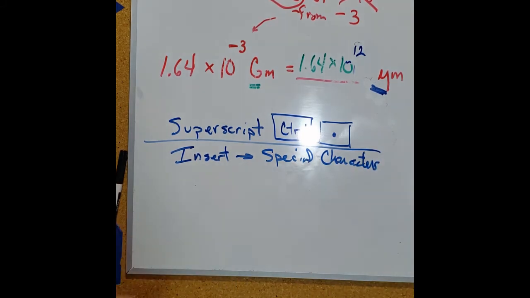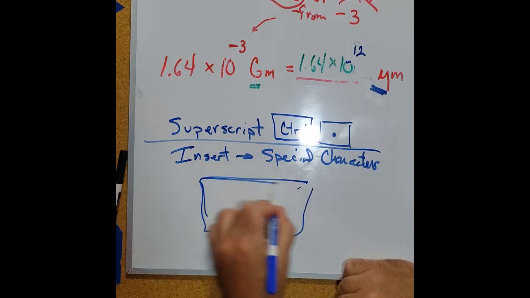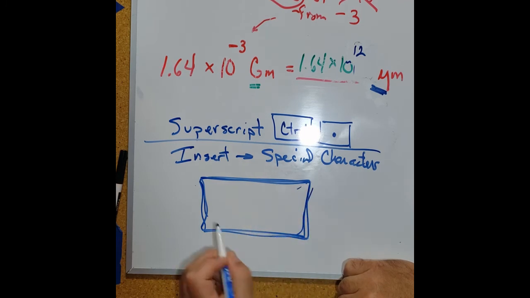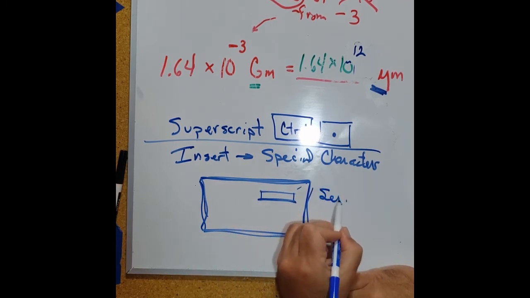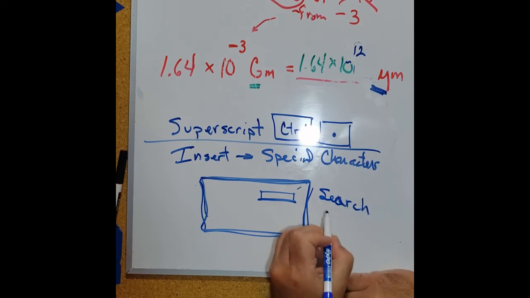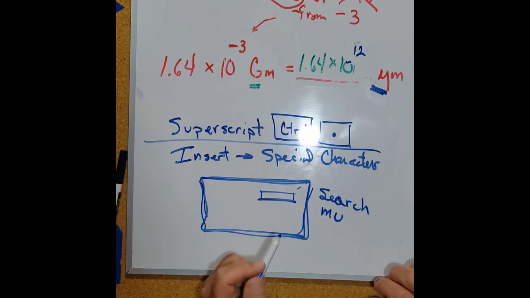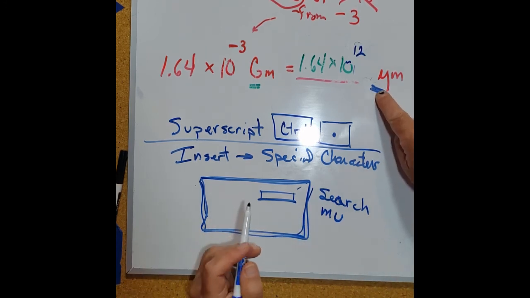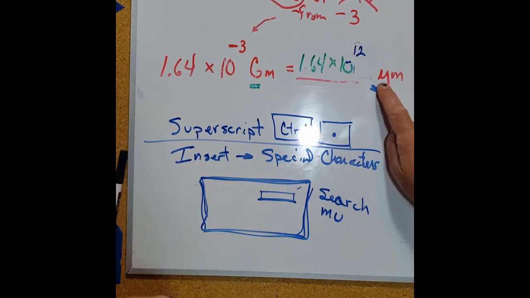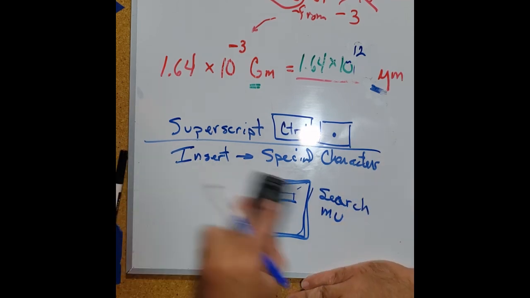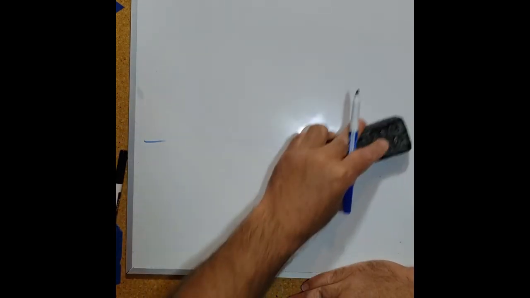When you open it up, you'll see a whole bunch. Over in the Special Characters dialog box that comes up, there's a little area where you can do a search. Just type in mu, the Greek letter mu. You'll see that it'll locate this special character. You just click on it and it'll insert it for you. And that's it.